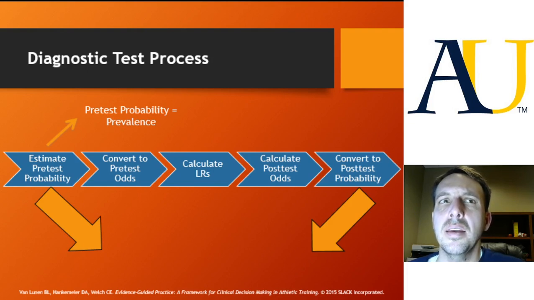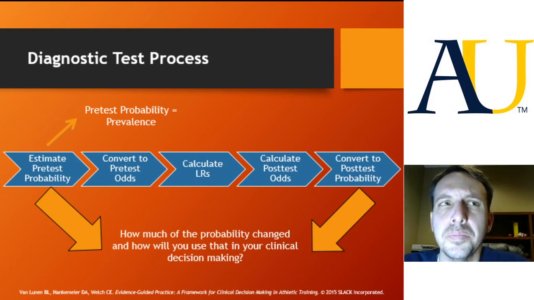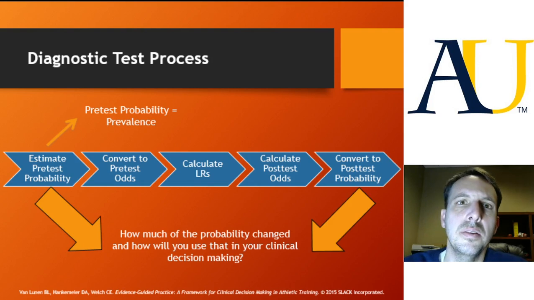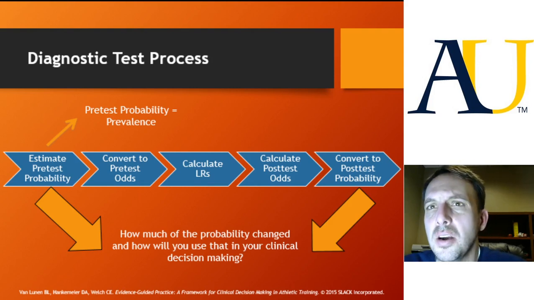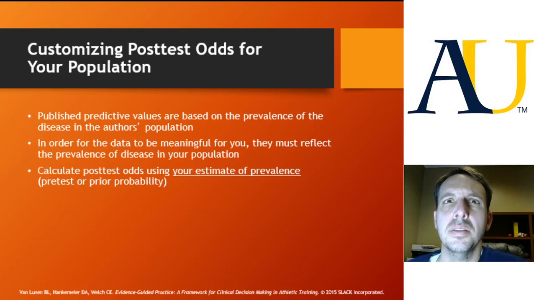We can then continue down to this and try to create a situation where it means at what point are we going to change our clinical decision making. And so we can work our way through this process where we create our pretest population.